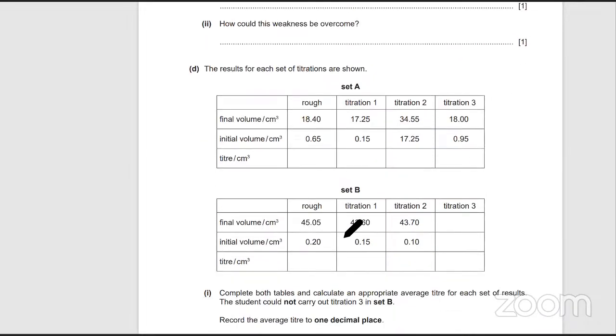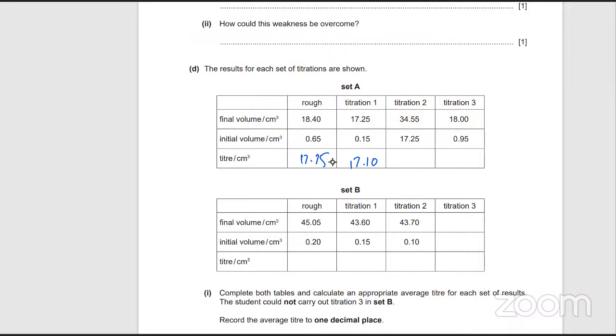ठीक है. अच्छा, you're given these data, तो बस ये रिजल्ट्स बता दो टाइटल के. What is this first one? 17.75. सारे बता दो. This one is what, 17.1? Yeah, it's 17.1.